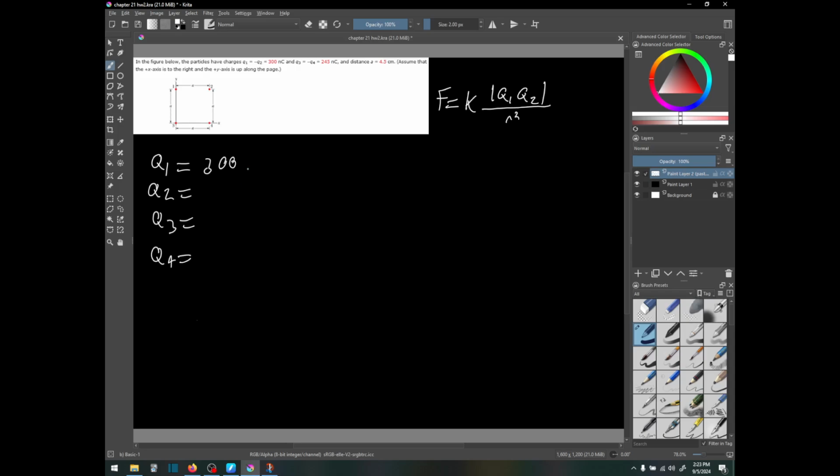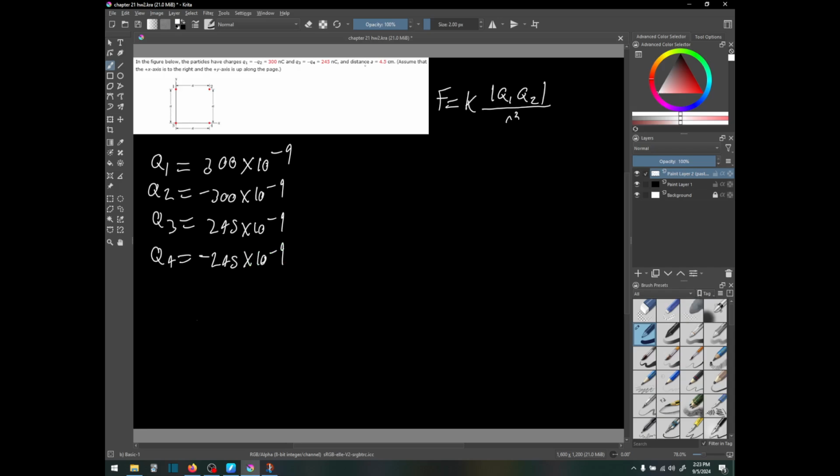This is a nanocoulomb, so to convert that back to regular, we will just do 10 to the negative 9, and then this is going to be negative 300 times 10 to the negative 9, and then Q3 and Q4 are 245 times 10 to the negative 9.